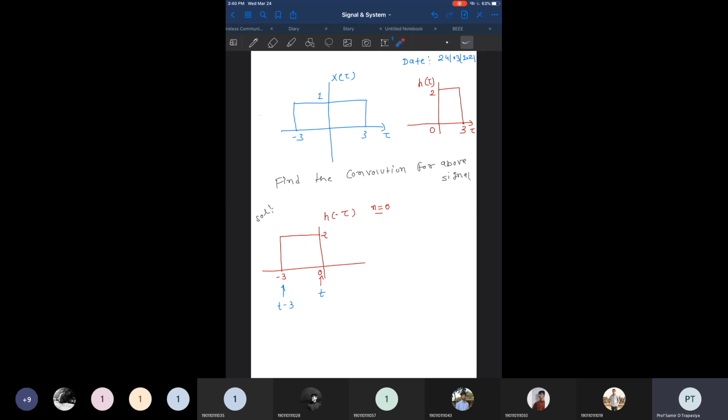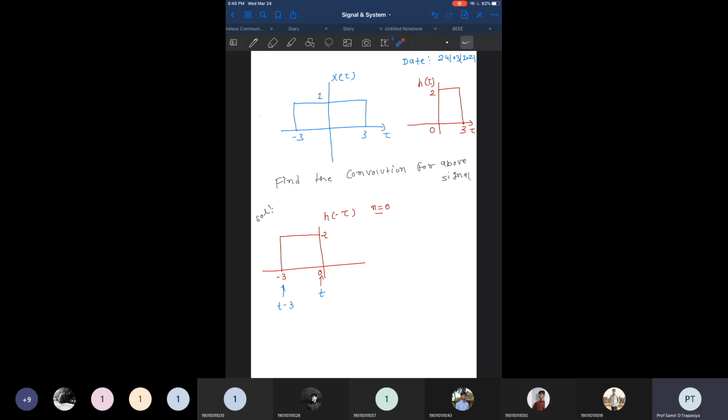We have to start at the beginning of overlapping, where there is no overlap, and then gradually this signal h of minus tau moves inside x of tau. We have to start from that point. So this is not the right point.